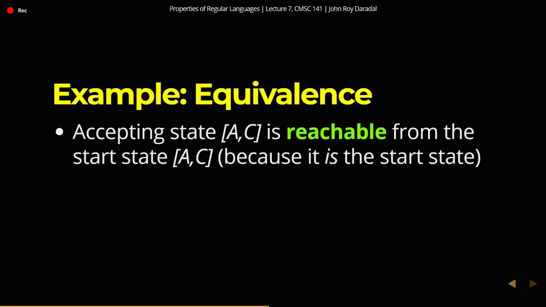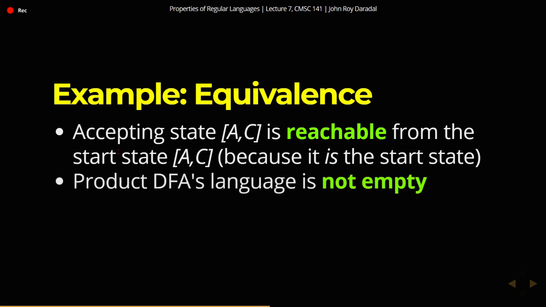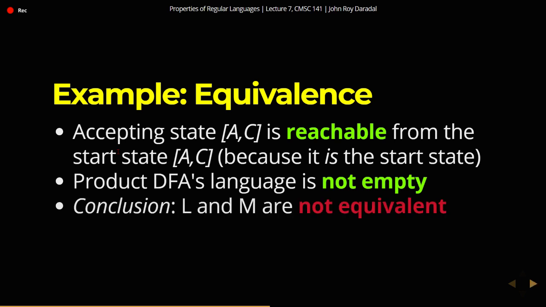So because a final state is reachable from the start state, we say that the language of the product DFA is not empty. And because it's not empty, that means that the two languages are not equivalent. Okay? So, yeah, that's how you check if two languages are equivalent using product DFA.